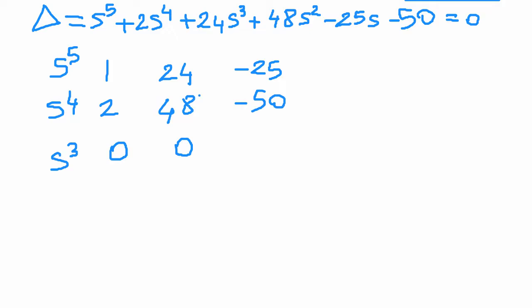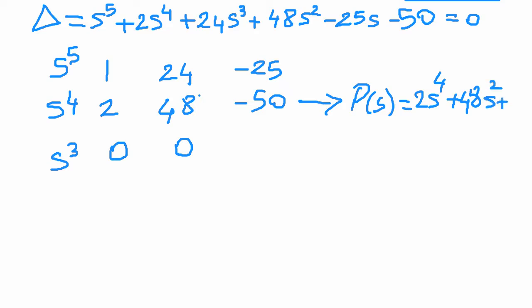Now, what you actually do is take this line, which is the s to power 4 line. This line is equal to 2s to power 4 plus 48s squared minus 50.